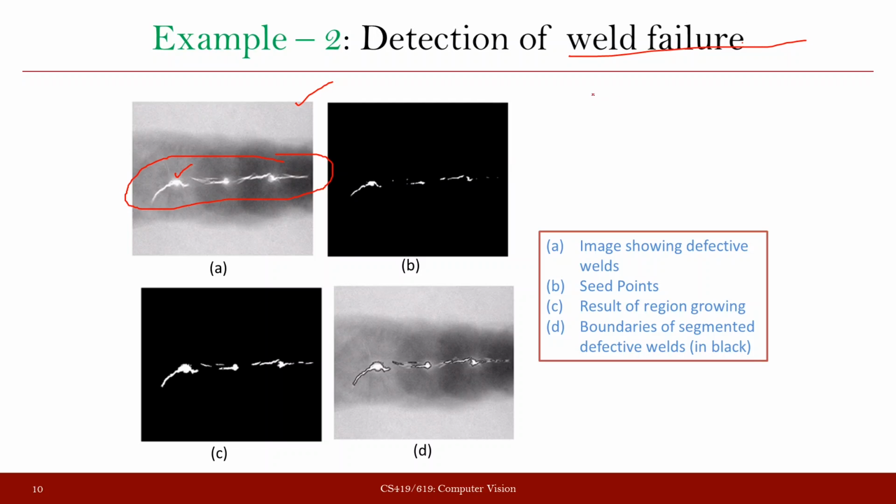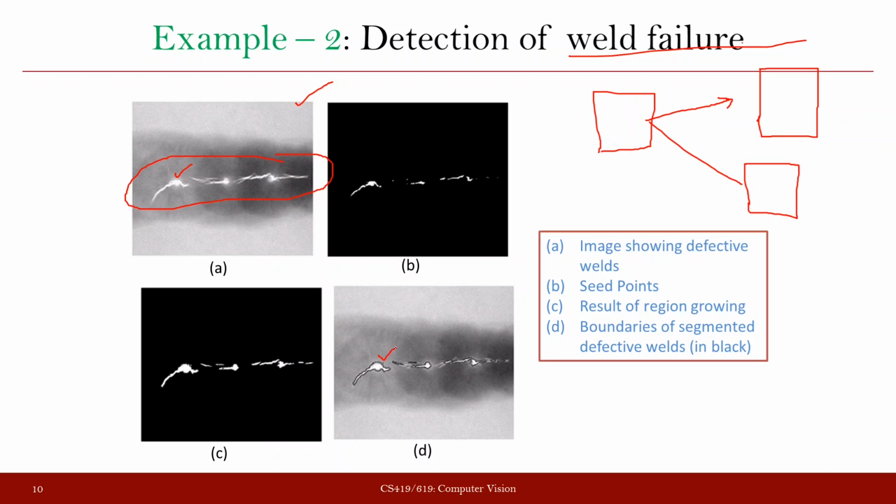So in the ideal case, suppose you want to detect the weld failure. What will be given to us as input? Input will be this welded block. Now we have to get the X-ray kind of image from this, and then analyze these segments. If it is properly welded, then this whole block will be just one segment. But if it is not properly welded, then it will not be only one block.